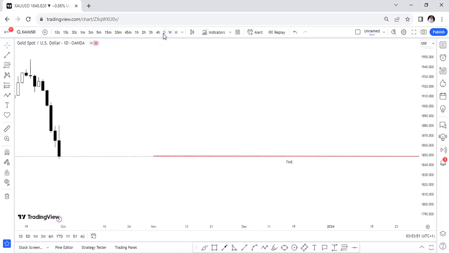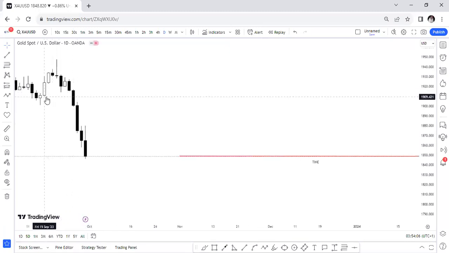It could be daily, 4 hours, 15 minutes, any time frame you choose. It will display the price information in this form. This is the open, and it closes lower. For buyers, it opens below and closes higher.